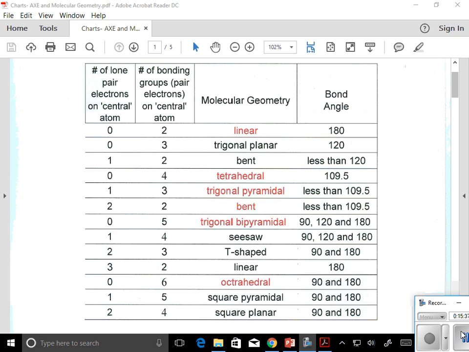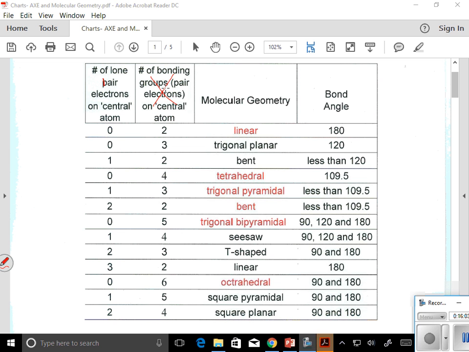Now, you could use this grouping right here: lone pair of electrons, bonding groups. Bonding groups represents our X, right?